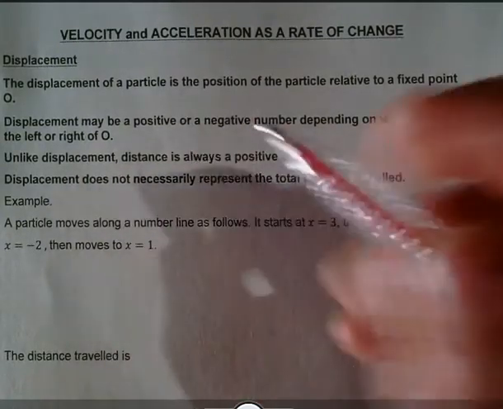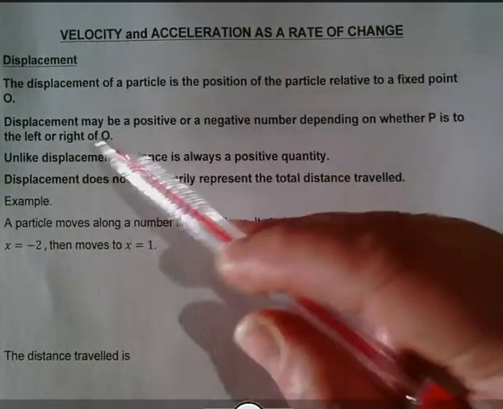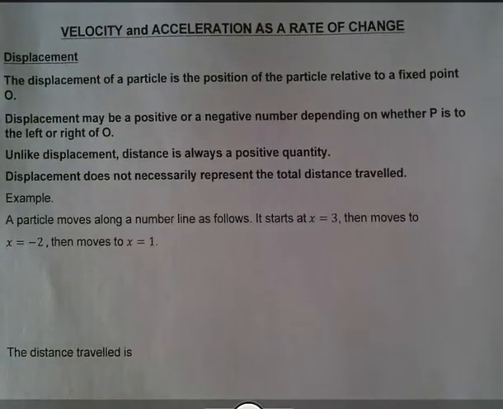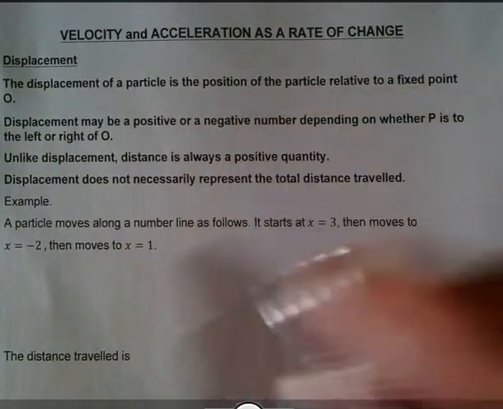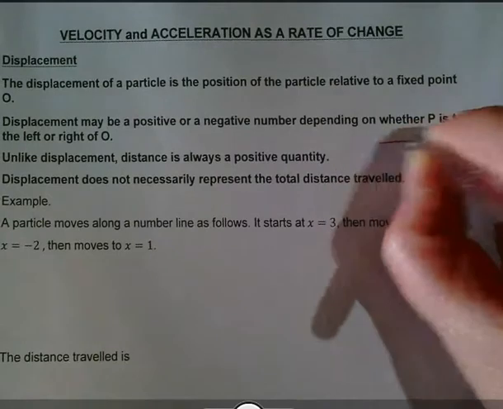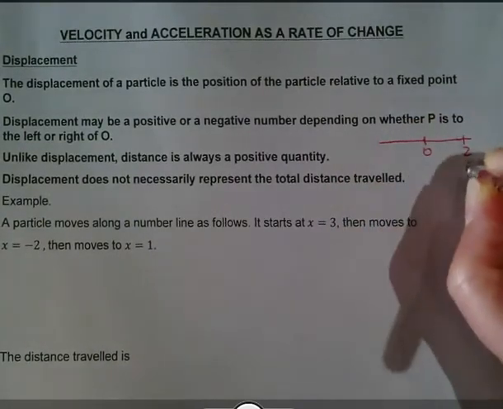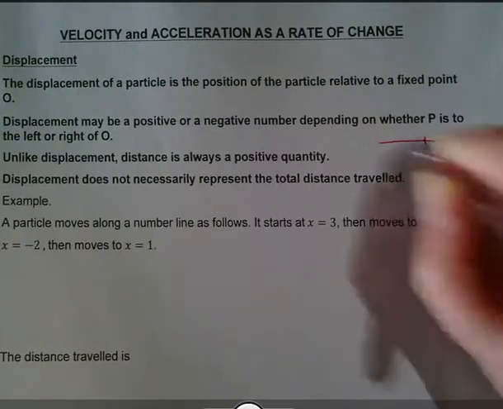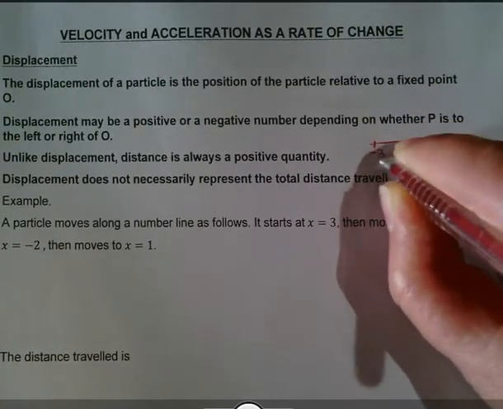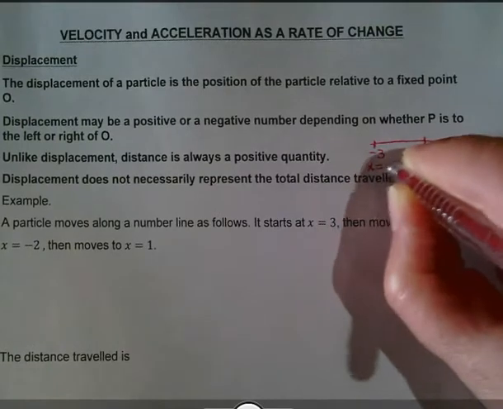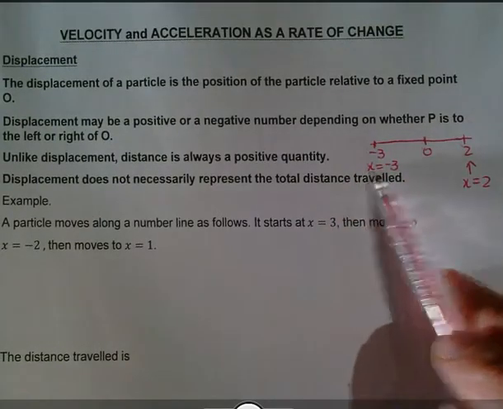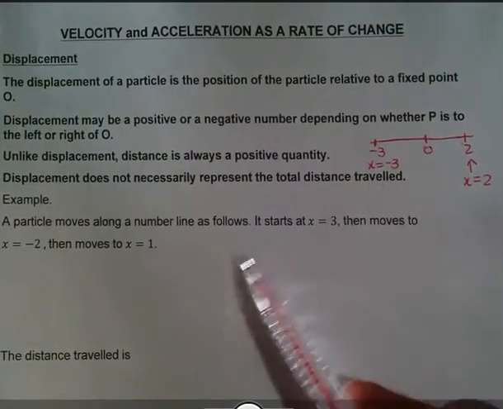So I could have a displacement of -5, or I could have a displacement, for example, of +3. So, for example, here's the origin. If I'm here at 2, my displacement x is 2, but if I'm over, say, here at -3, my displacement x is -3.